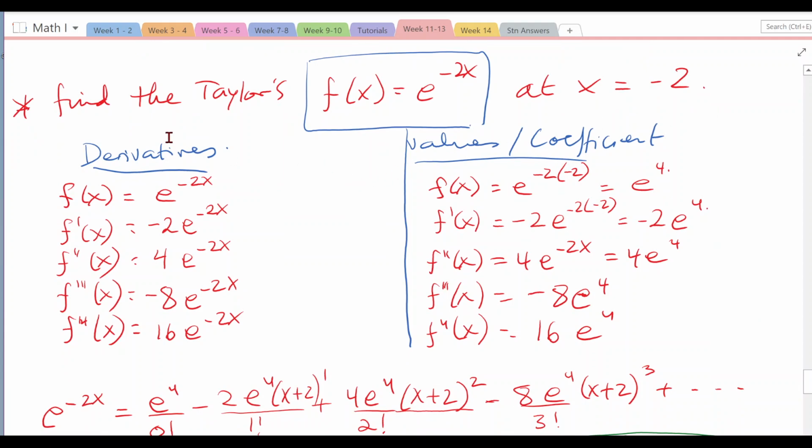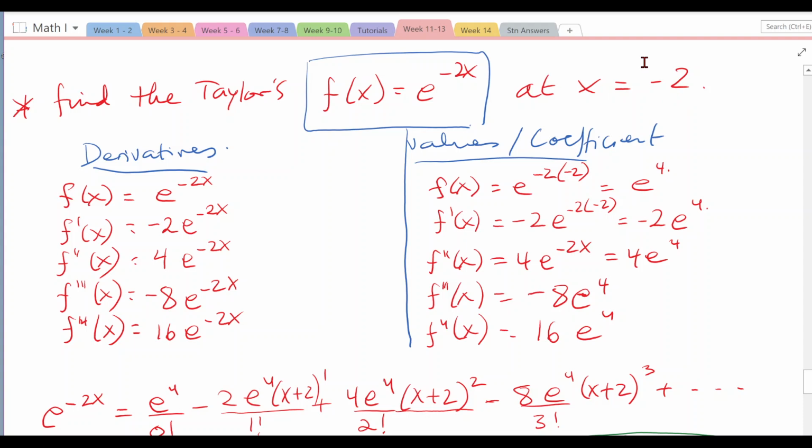Next question. Find the Taylor series expansion of the function e to the power of negative 2x at x equals negative 2. This is a Taylor series because the center is not 0; it is centered at x equals negative 2.